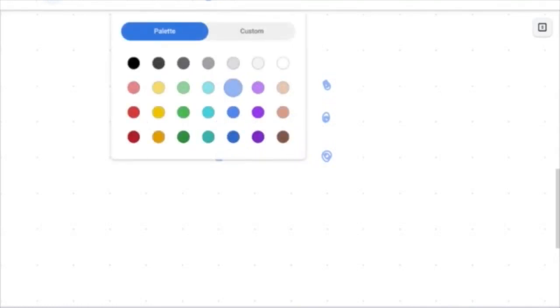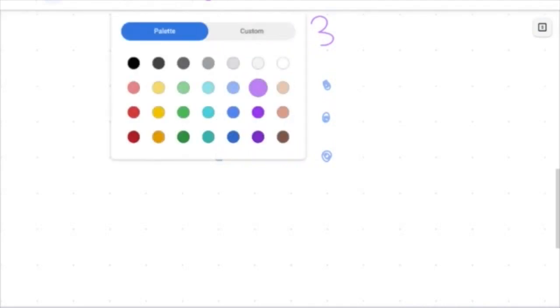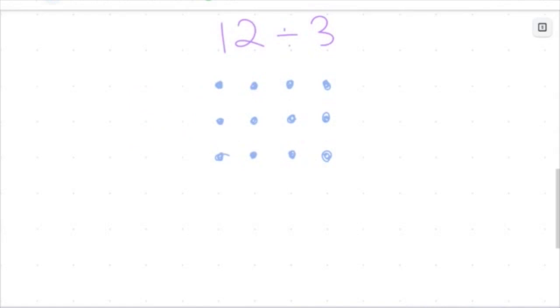Now, I want to find out what is 12 divided by 3. So we can think of this as well in terms of, okay, well, we can split this into 3 equal parts. We can go 1, 2, 3, and then we just count.